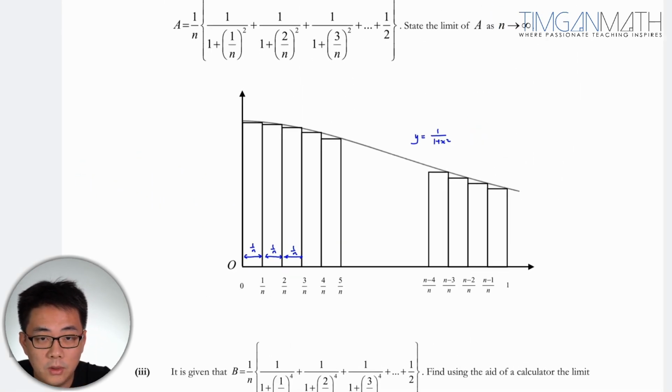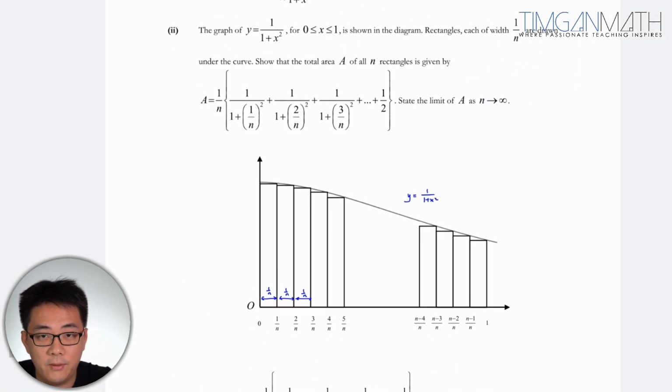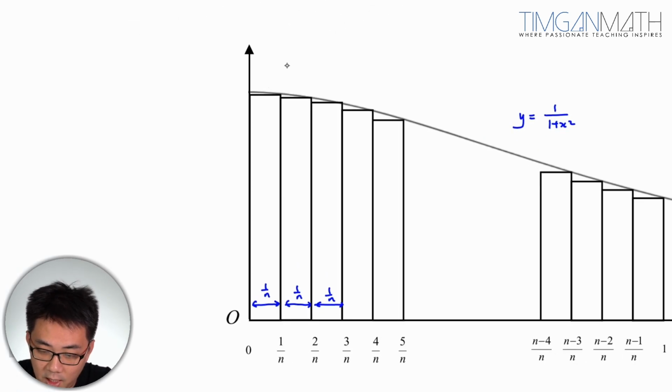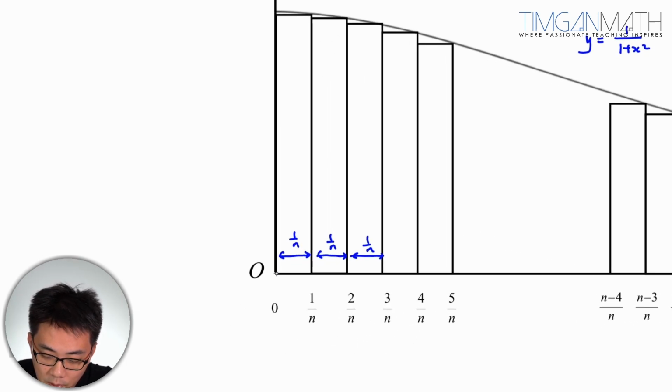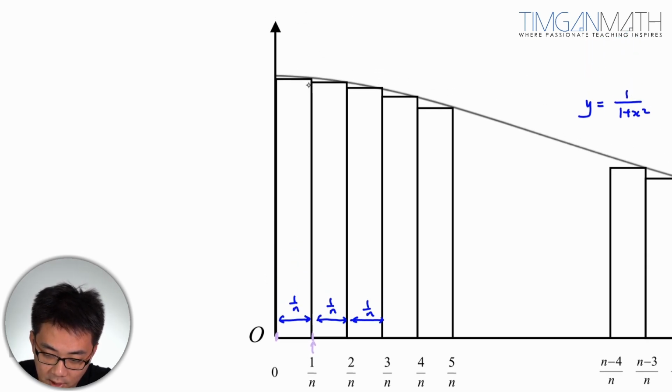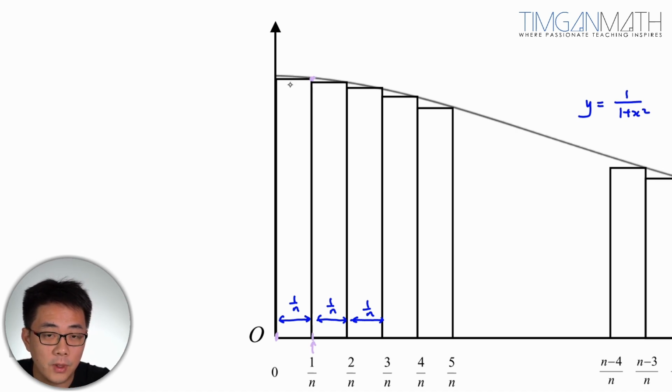Now what you need to take note of is, if you want to find the area of a rectangle, you just need to find the height of the rectangle, right? And we will cover this when we are doing our revision. What I suggest is to just know that for the height here, we're taking the right bound in this case. There are two ways of taking the height: you take the left bound or the right bound.